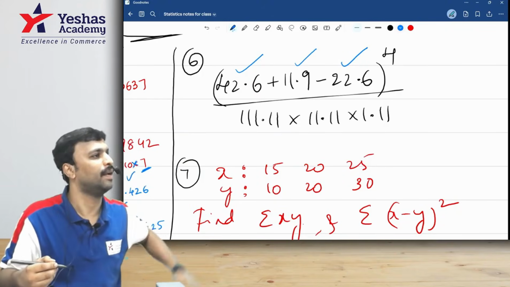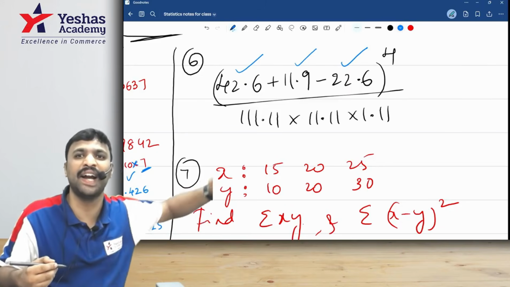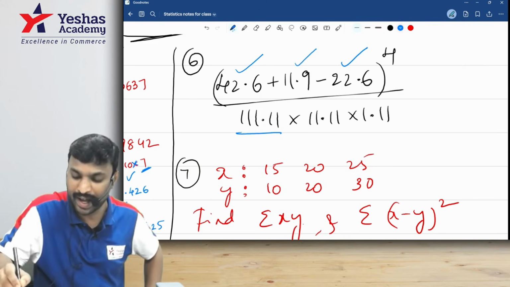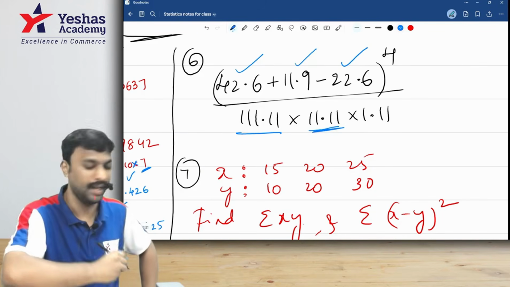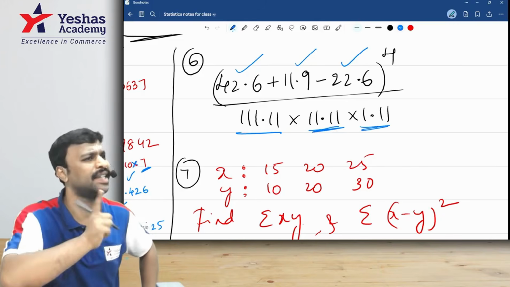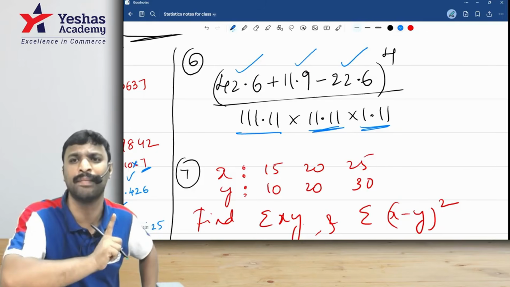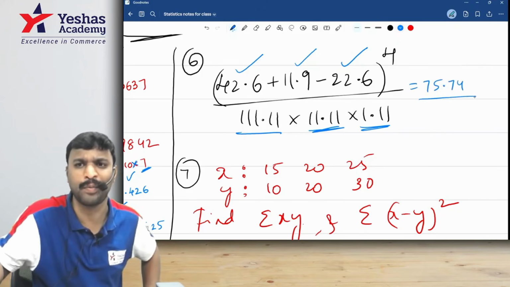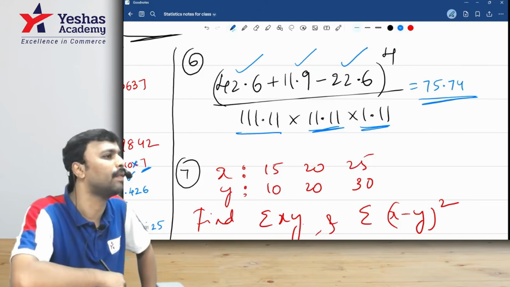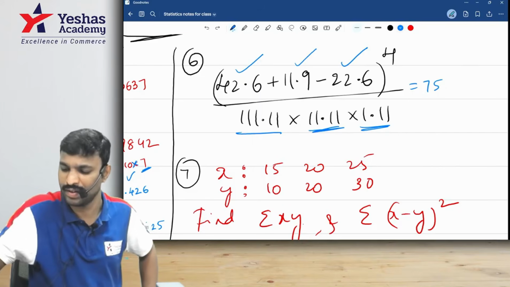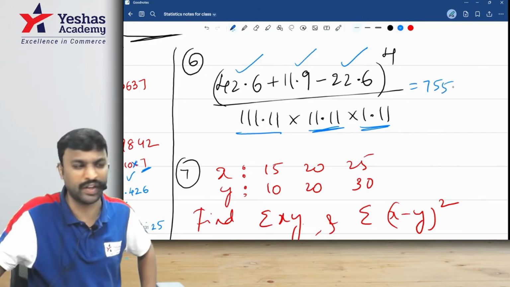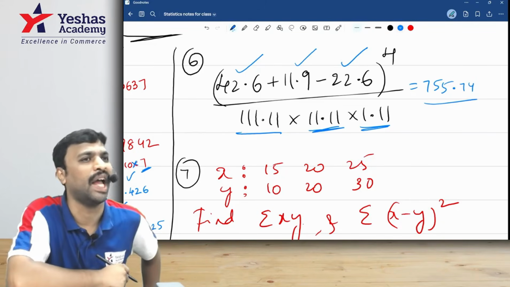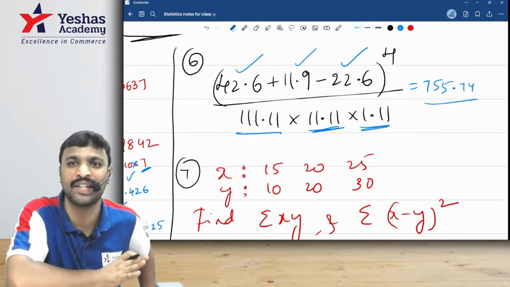Yes or no? Because denominator is simple, we divide each term separately. Divide 111.11, divide 11.11, divide 1.11. Guys, type 2 it is. Hope you have gone through it and come. 75.740. 75? Okay, cool. Everyone got this? Everyone getting what it is actually?